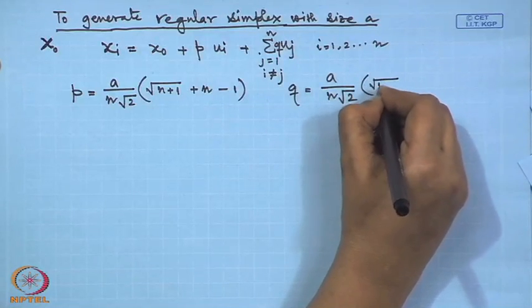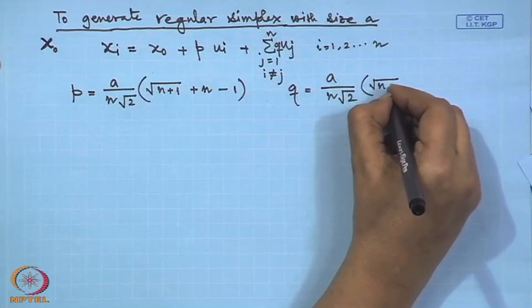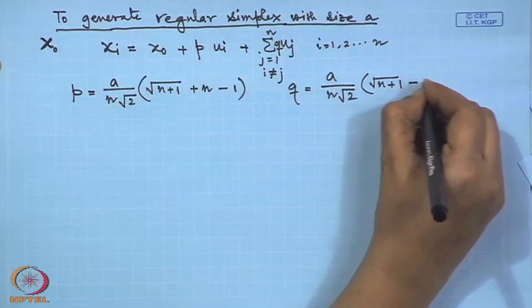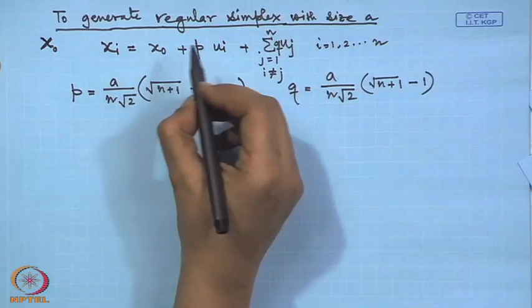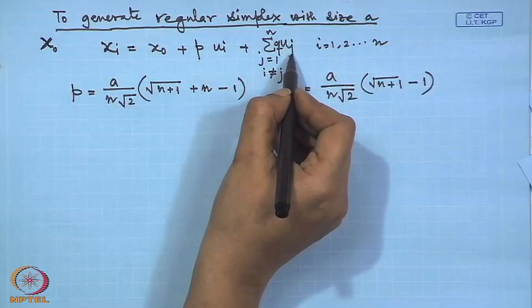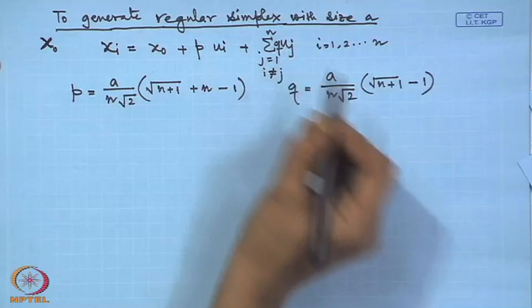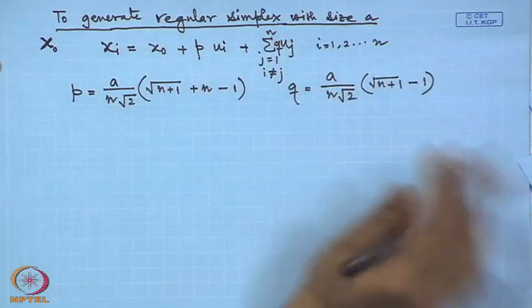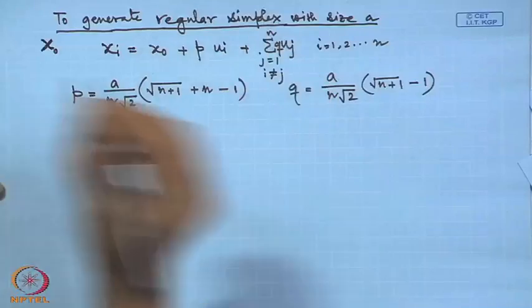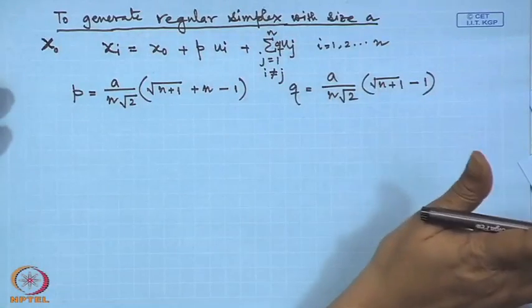We will just apply the values for a and n, and we will get the values for p and q. Here the ei and ej are the unit vectors we will consider in the respective directions, and we can have the regular simplex. The respective directions mean the unit vectors in the coordinate axis directions. We are considering n dimensional space. In that way we can generate the regular simplex.